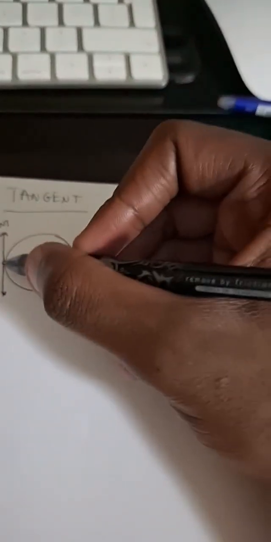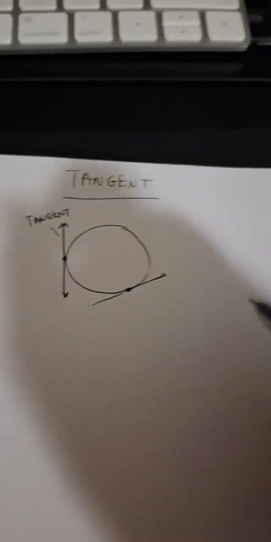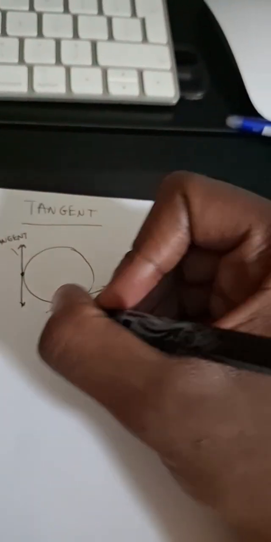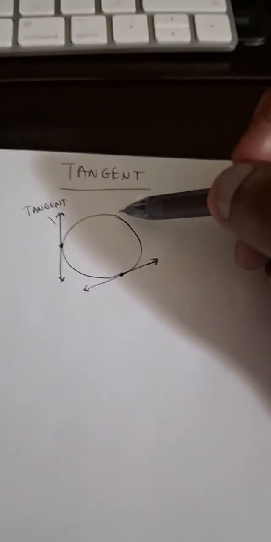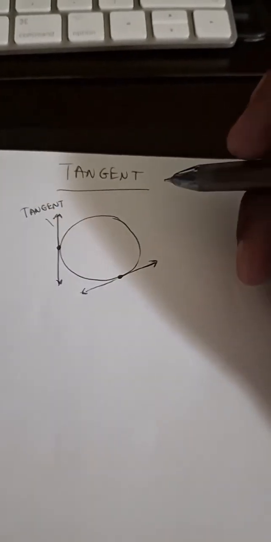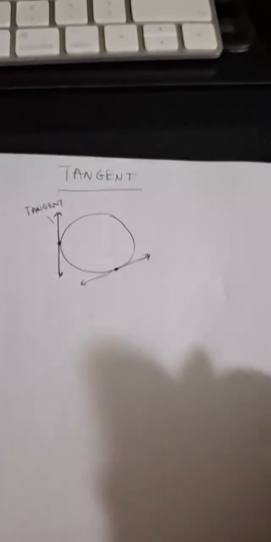Since it's a straight line, there could be a tangent at this point, and there could be another line that just touches the circle at one point. You can see that our tangent can be of varying gradients, meaning the gradient of the tangent can vary depending on where that tangent is touching the circle. So it touches the curve once, just like Niani said. That's what a tangent is.